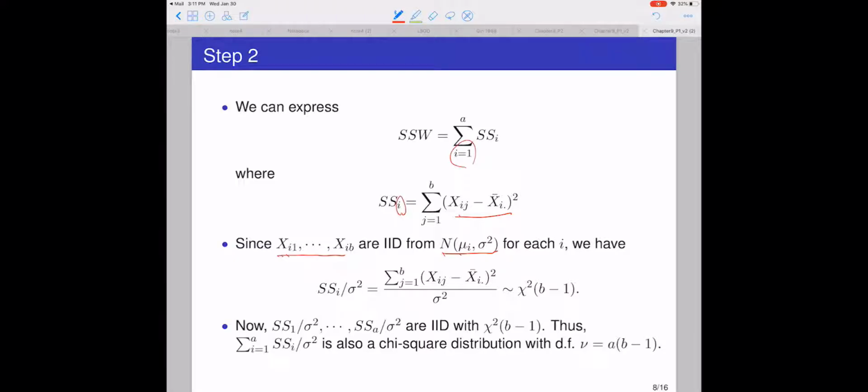So we can simply use the property of the sum of squares. Within each group, that is chi-square B minus 1, and the groups are independent, so we can use the additivity of the chi-square distribution. Chi-square plus chi-square is chi-square, and the degrees of freedom just add up, so that is A times B minus 1.